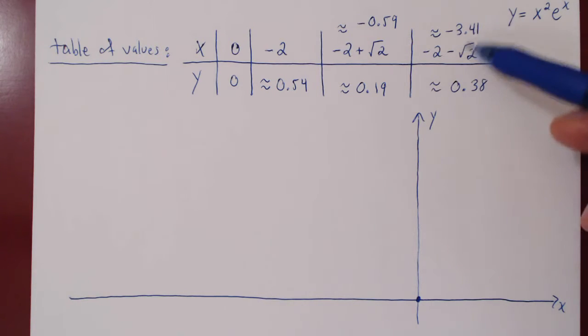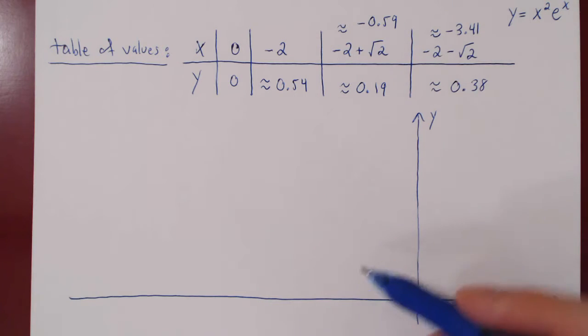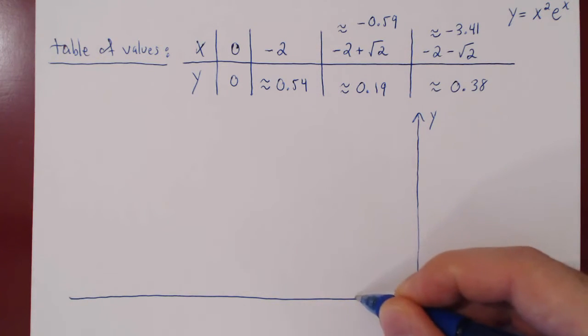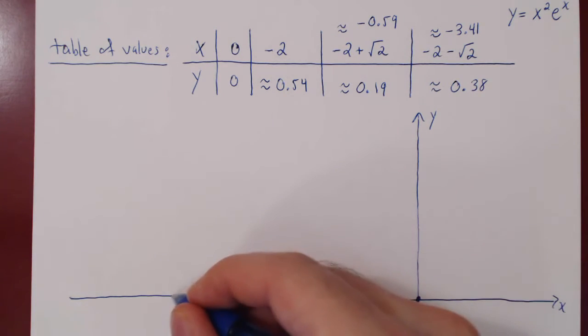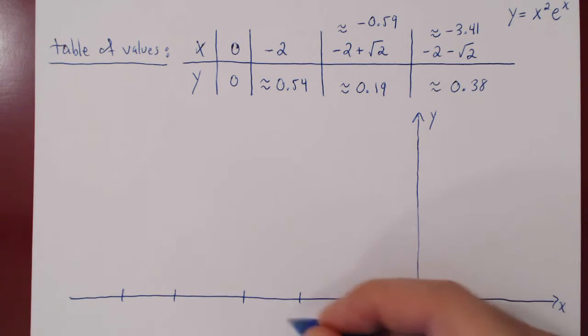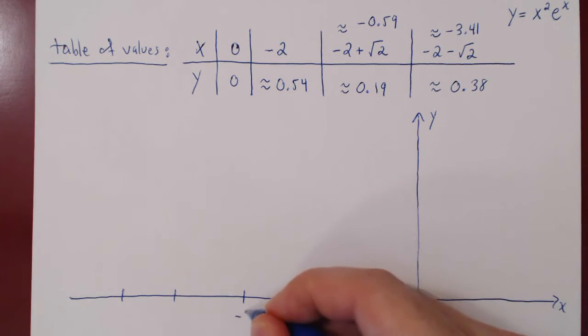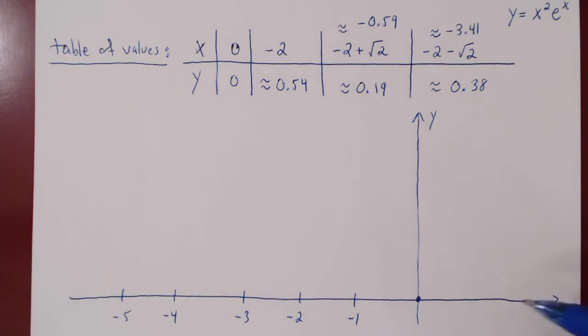So we'll go along our x-axis around negative 4, negative 5. Negative 1, say, negative 2, negative 3, negative 4, negative 5. And suppose this is positive 1.